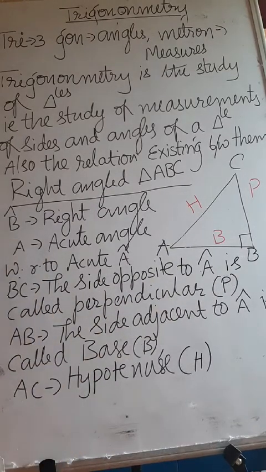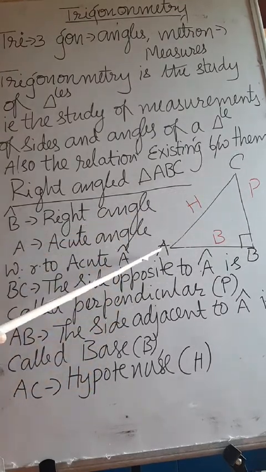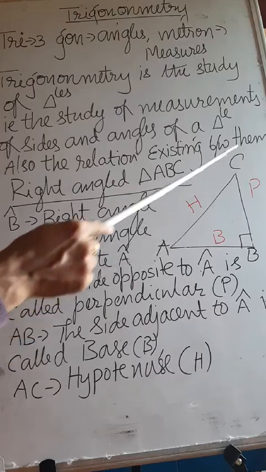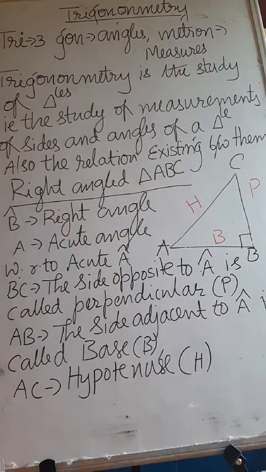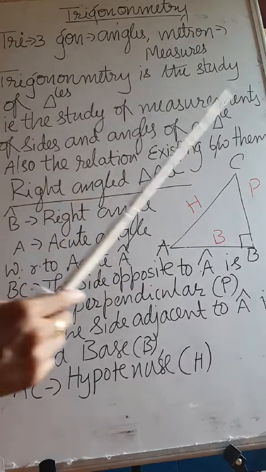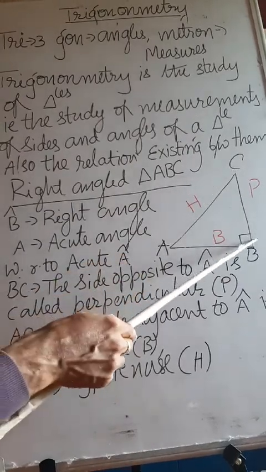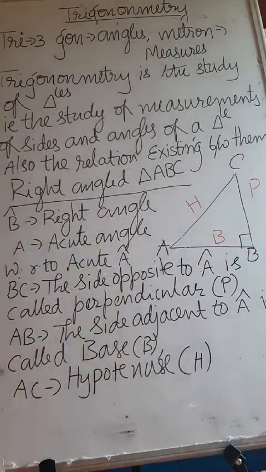Now, when you consider a right angled triangle, the side which is opposite to the right angle is called the hypotenuse. Therefore, AC is the hypotenuse. For that, there is no need to consider any acute angle. Just look at the right angle and the side opposite to it, and you can conclude that it is the hypotenuse.